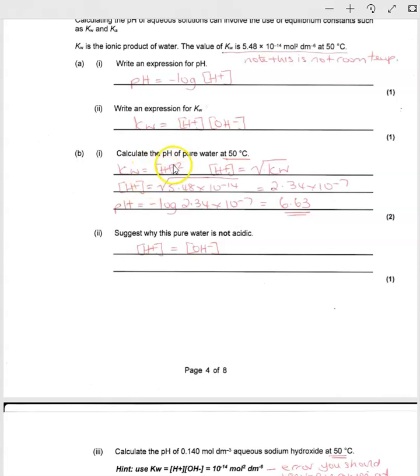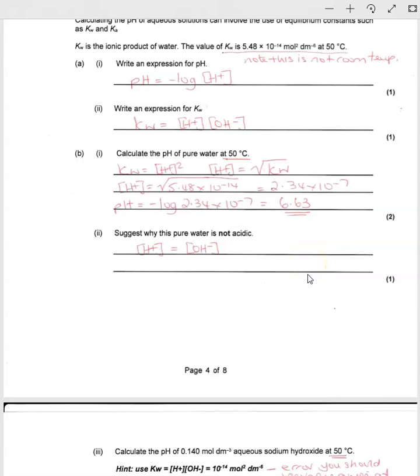So squared, we know the value for Kw, so we'll rearrange it for H+. Concentration of H+ will be the square root of Kw. In this case, our Kw is 5.48 times 10 to the minus 14, which gives us this value. That's the moles per dm cubed. Take the minus log of that, and that gives you pH.